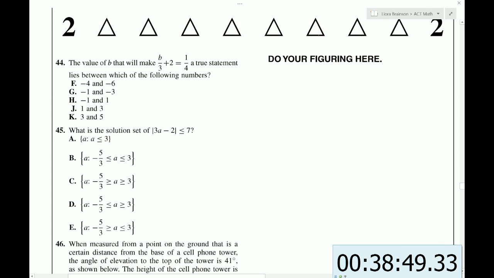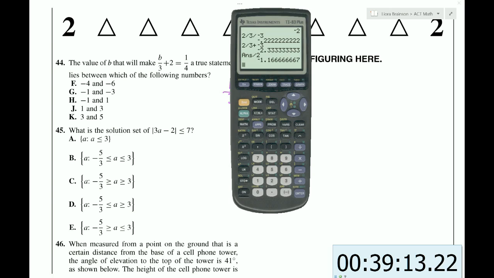The value of b that will make this true. So let's write it correctly with no middles here, okay? So we have to solve this thing. So I could start by subtracting 2, or I can multiply through by 3. That might be a little bit wiser. But anyway, subtracting 2 works also. So subtract 2 from 1/4. You can use your calculator.